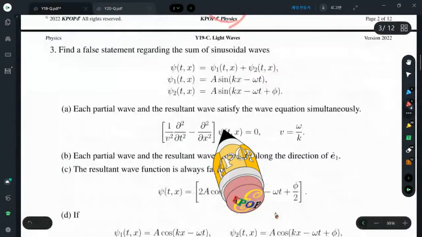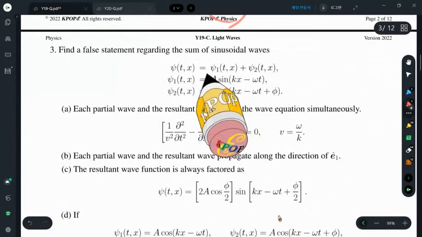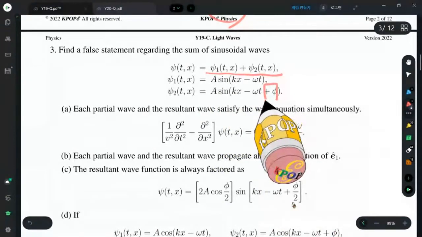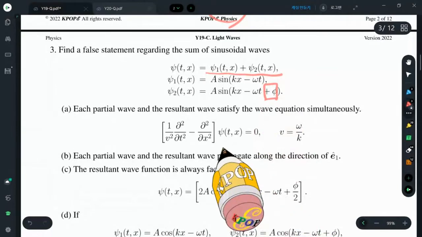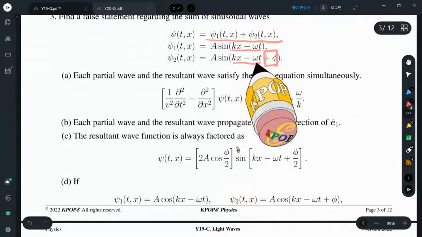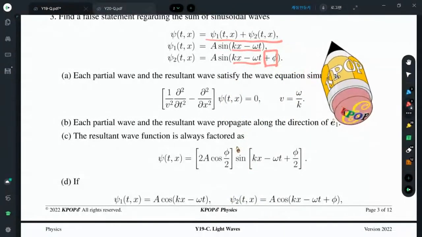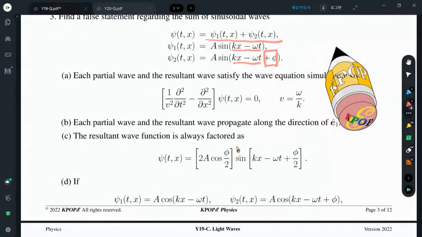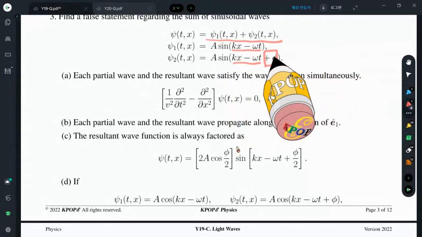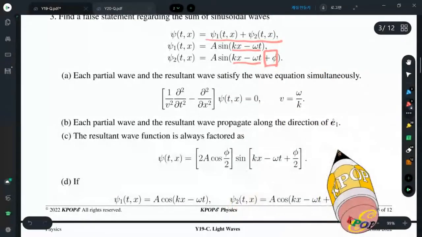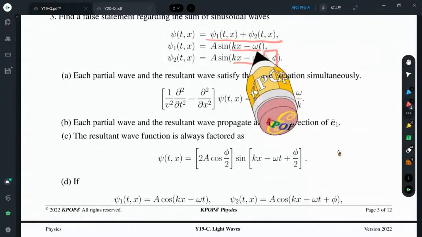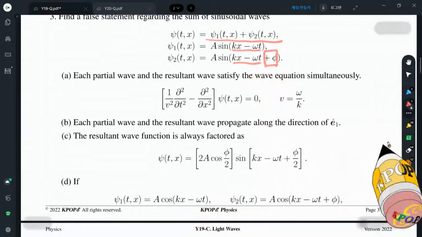Now we consider the interference of two sinusoidal waves with a finite phase difference. First of all, these two waves have a common speed of propagation. They are traveling along the same direction. If I write these two and add them, then we can simplify.